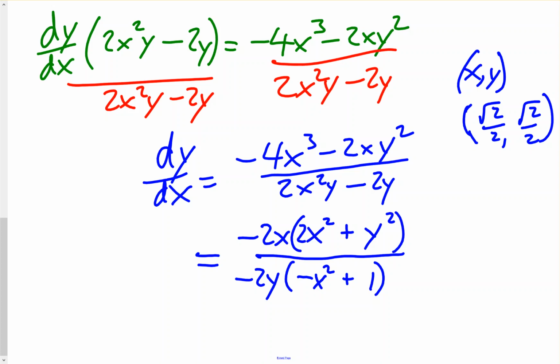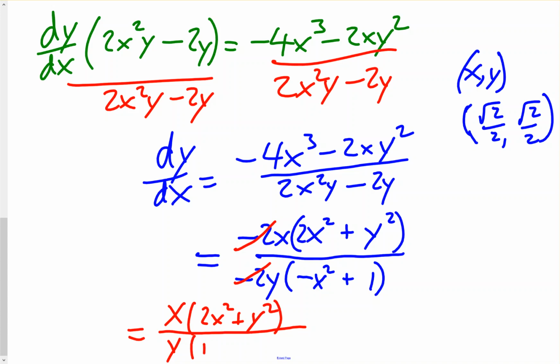Okay, so that's going to help us a little bit, because look what you could do now. The negative over negative, you could cancel, and the 2's. So you have x over y times 2x squared plus y squared over 1 minus x squared.